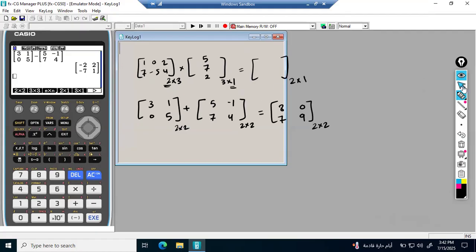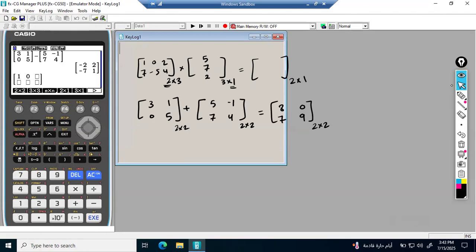Let's try it out on the calculator. So firstly, I want to enter a 2x3 matrix. I don't have it here as one of the options, so I'm going to choose m by n, F3. M is 2 and n is 3. So it's a 2x3 matrix. Okay. 1, 0.